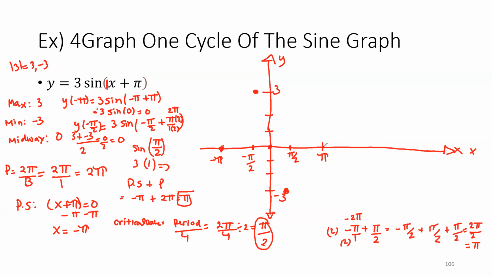And then at pi it's 0. That is your graph. That is one cycle. Okay, let's move on.